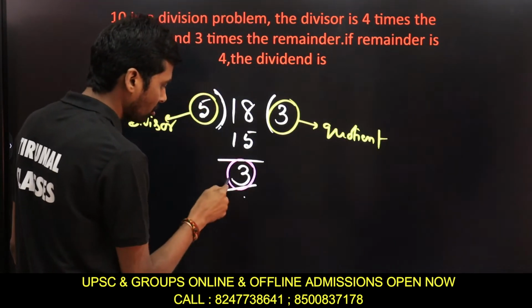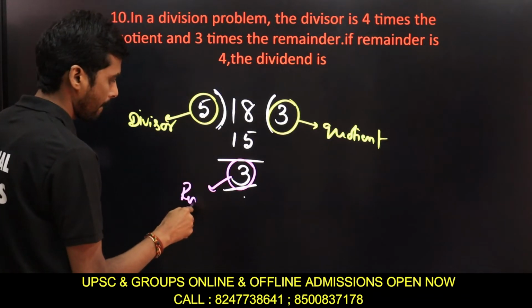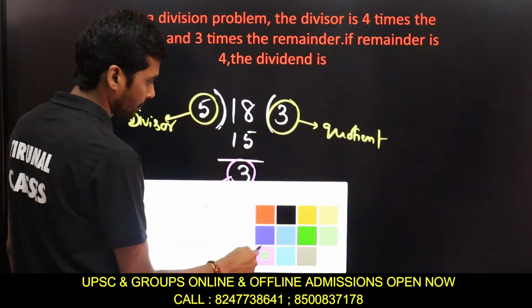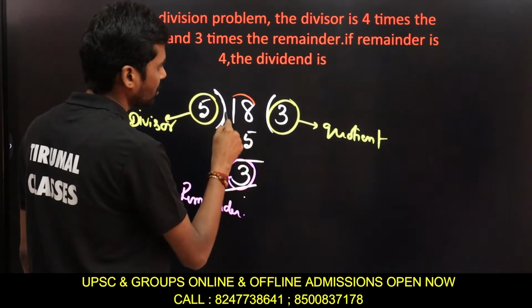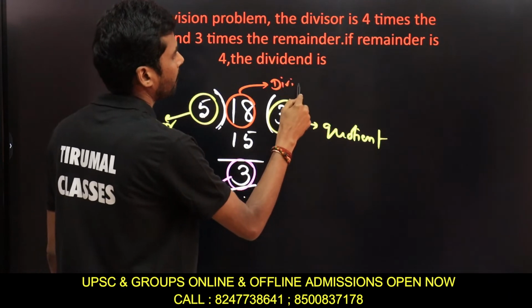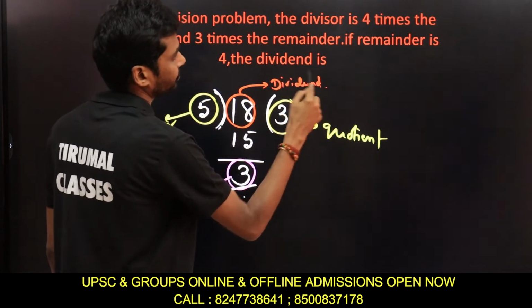Also this part is called the remainder. And this one is called what? This one is called the dividend.